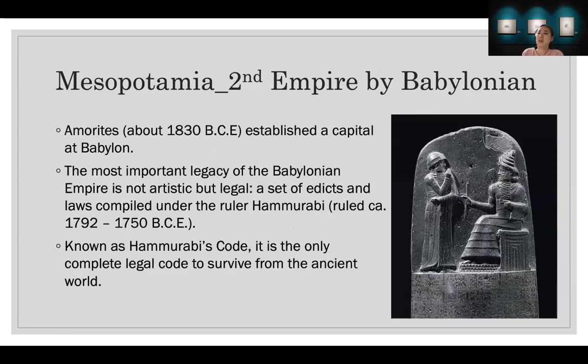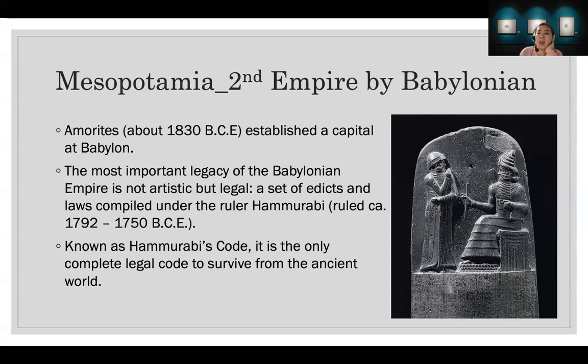And the next empire was by the Babylonians in the Mesopotamia area. The Amorites consolidated their rule over the region and established a capital at Babylon. The most important legacy of the Babylonian Empire is not artistic, but legal.